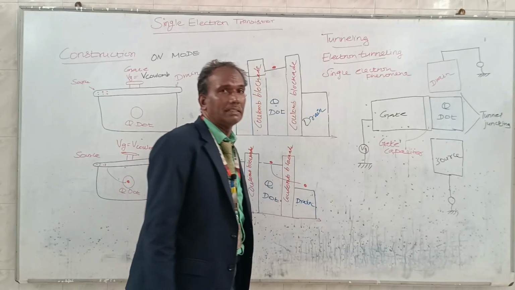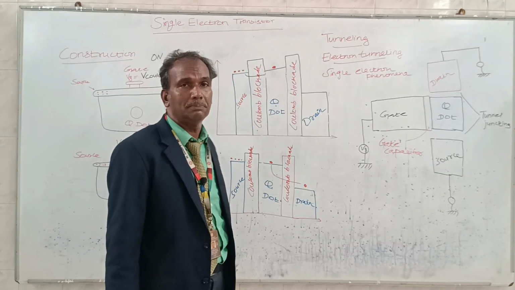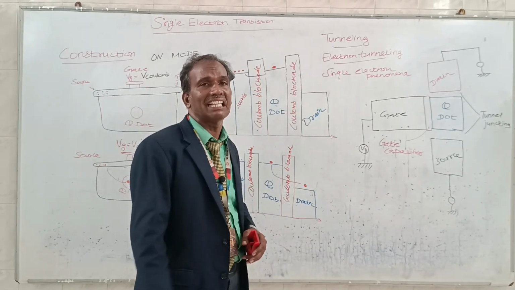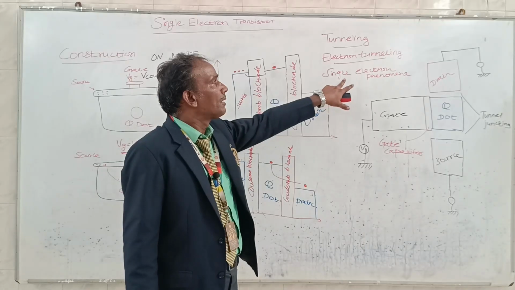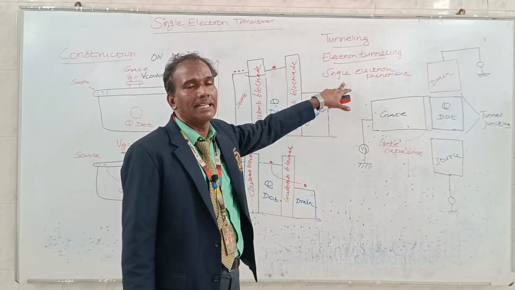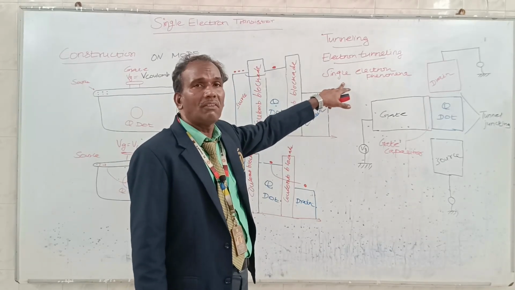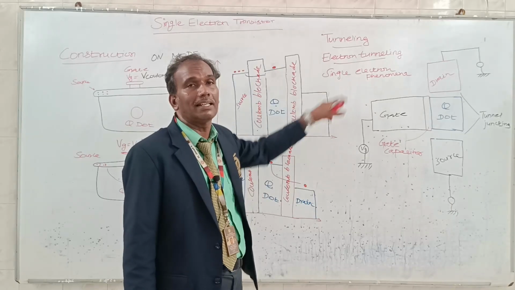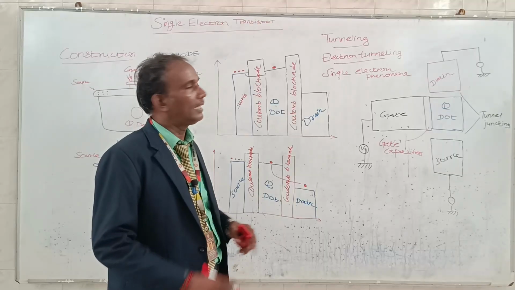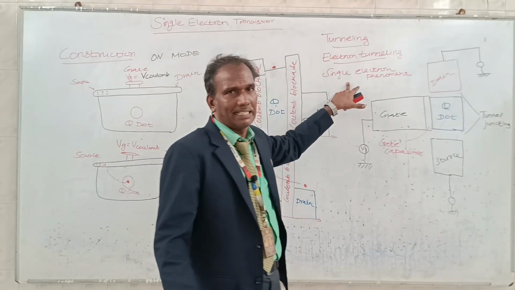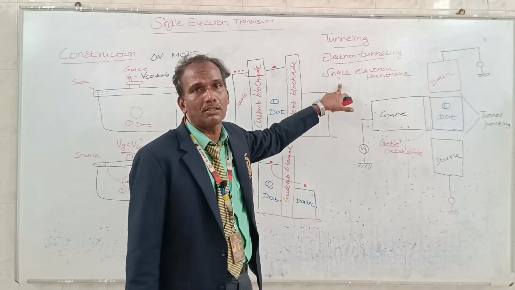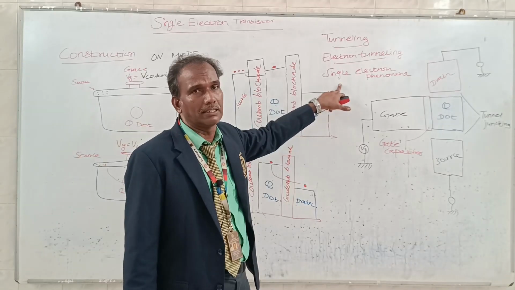As we discussed earlier, whenever we talk about the transistor, let's go back to the 1970s. In those days, a minimum of 10 million electrons were required to operate a single transistor. A few years back, we needed 10,000 electrons to operate the transistor.